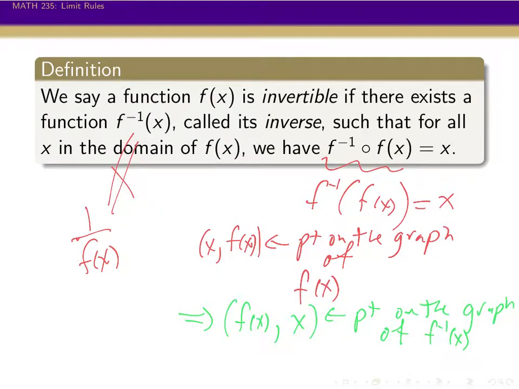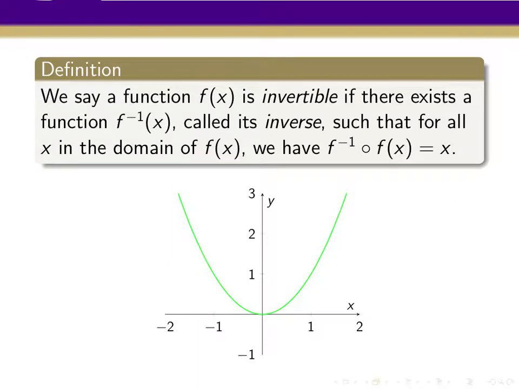Okay. So let's talk about what we mean with invertible functions. So to start off, this right here is a graph of y equals x squared. Okay. So if we want it to be invertible, that means that we need to find this inverse function, and it has to be a function as well.